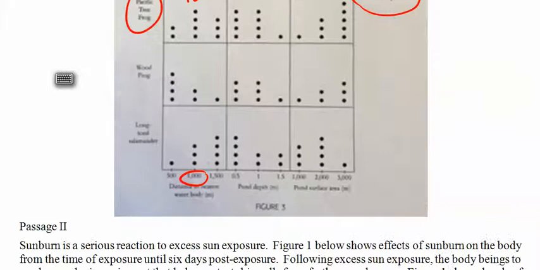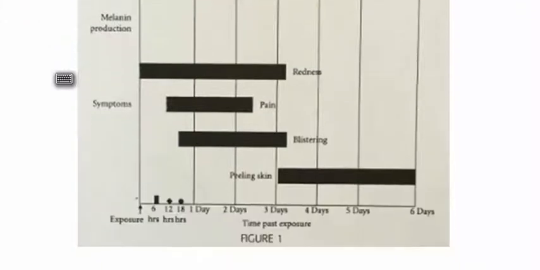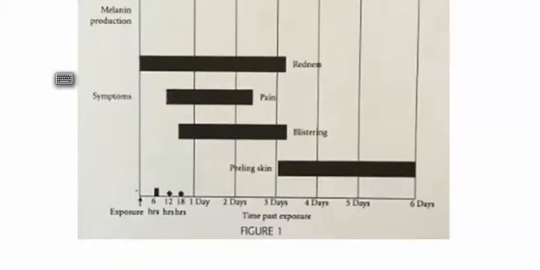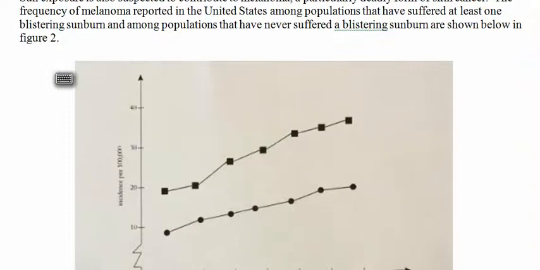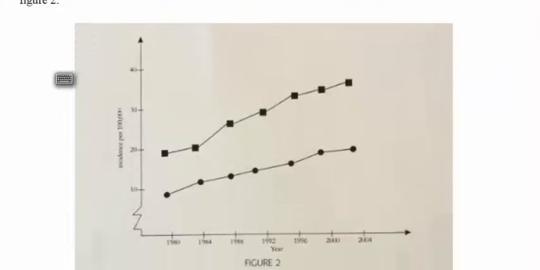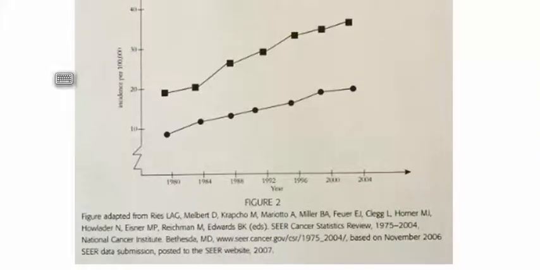Here's more graphs. Something about sunburn. Longer in the sun, the more sunburn you get. Get redness, pain, blistering, and then peeling skin. This is the time past exposure, and this is the amount of exposure. So they've got complicated graphs. I'm not going to go into these in great detail. And then it talks about the incidence of melanoma basically going on.